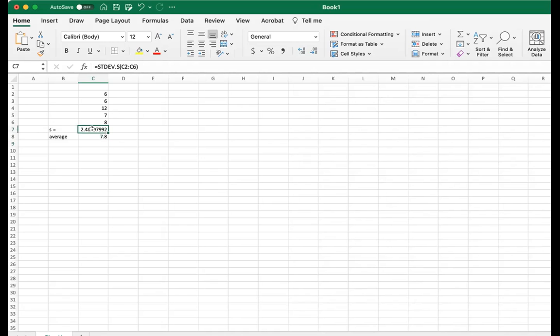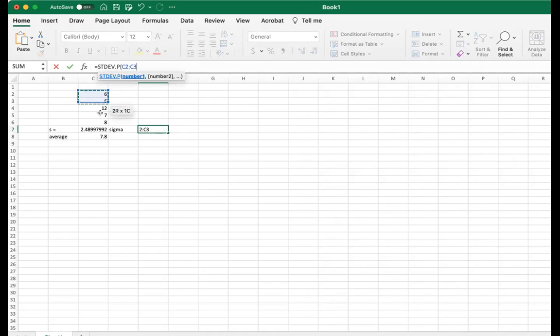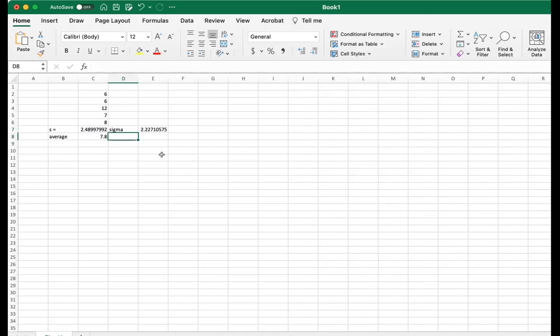Just be careful that you don't use, for example, sigma, which is for the population. Let's compare it just to see. This would be the standard deviation of the population. And if we drag these numbers down, we get a different standard deviation. So the two are different.